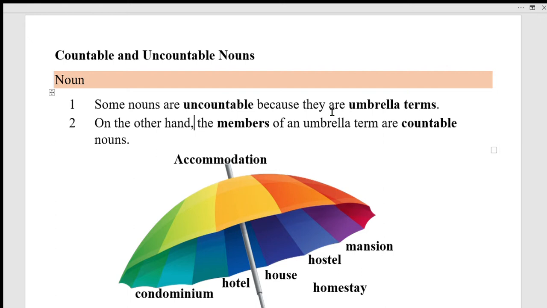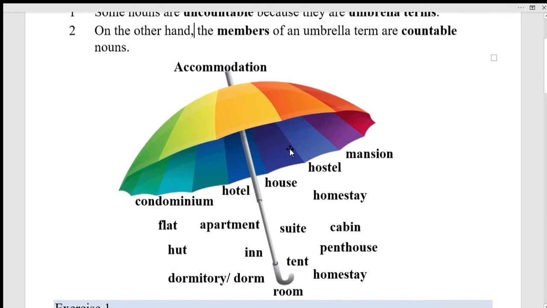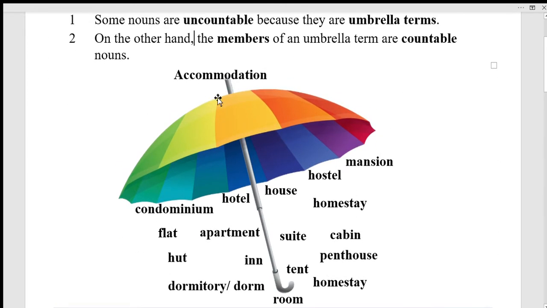Okay, now look at the example below here. So we have got accommodation as the umbrella term. Okay, so accommodation maksudnya tempat tinggal. Okay, tempat tinggal. So this is an umbrella term. And then the examples, contoh tempat tinggal.